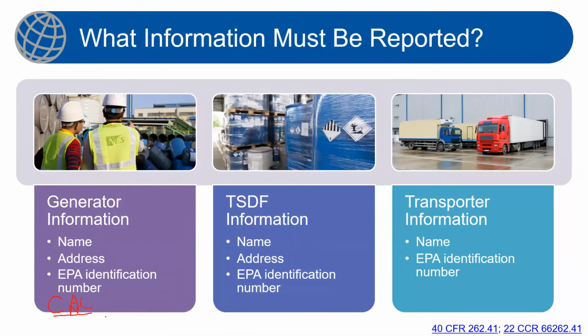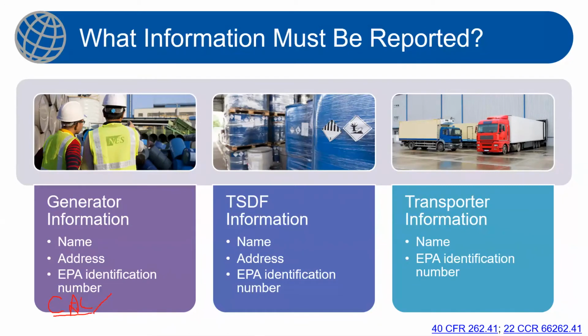So if your facility's ID number begins with that prefix, you shouldn't be a RCRA large quantity generator. And if you are, you would then be required to obtain a federal EPA identification number that is issued to your site by the US EPA.